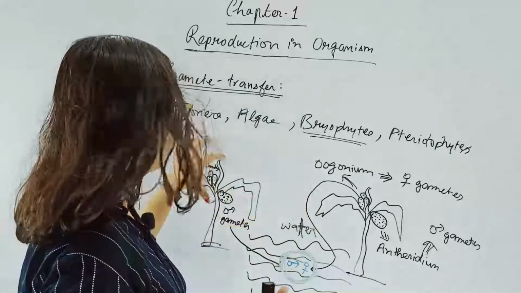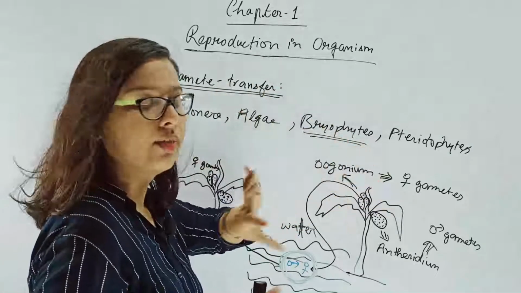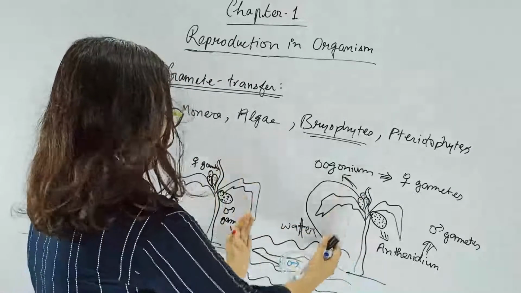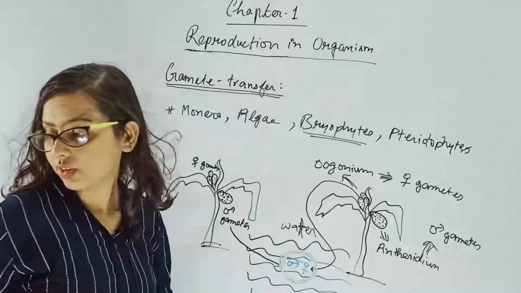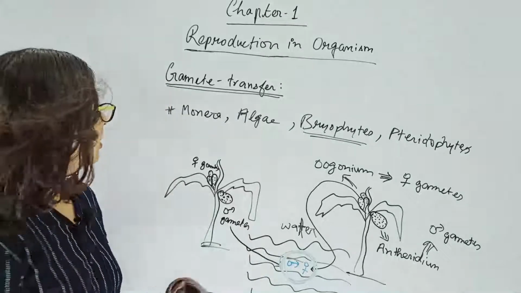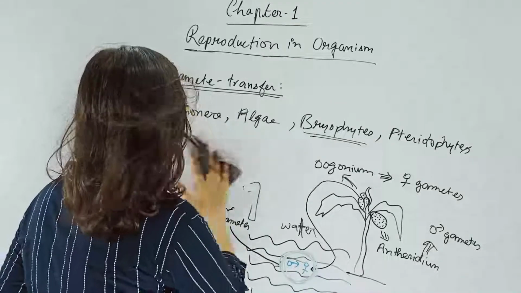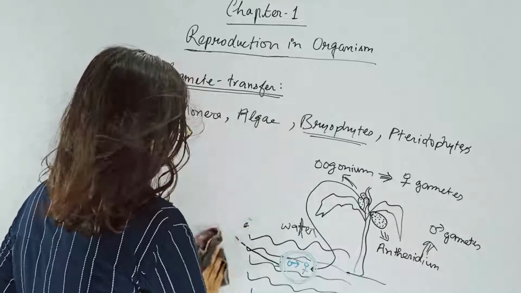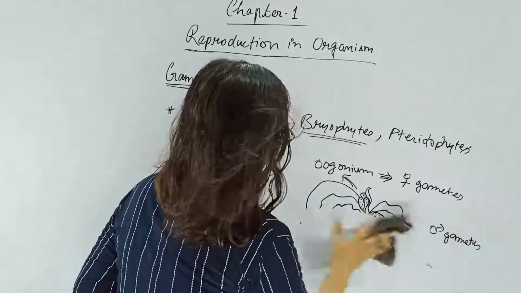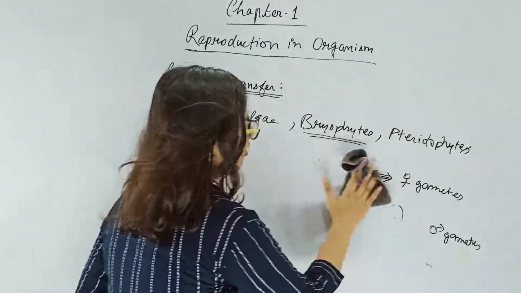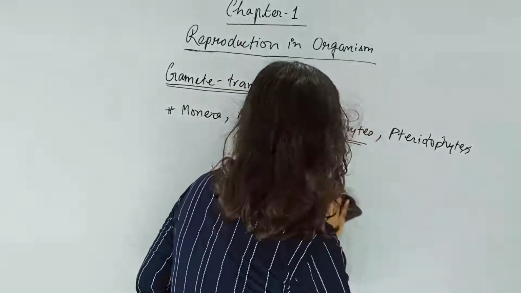They are not transferred from the male to the female. No. Both the gametes have to come in a common medium, and there they will fuse. So this was the case of lower organisms, and also in case of certain animals, as I just gave the example of fishes.